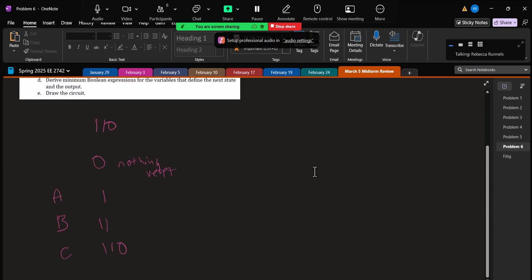That's actually wrong. Why is that wrong? We don't need a separate state for 1, 1, 0. That just means we've detected the output. We're going to go back to another one. We only need to have 3 states.